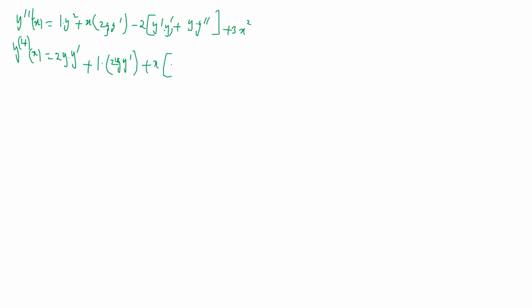What is the derivative of the 2y primed? You can just keep the 2 out if you want. First you differentiate the y, and then you get y primed. The 2 is a constant number, so we don't worry about it. And then here you differentiate the y primed, it becomes the second derivative. So we get this one.